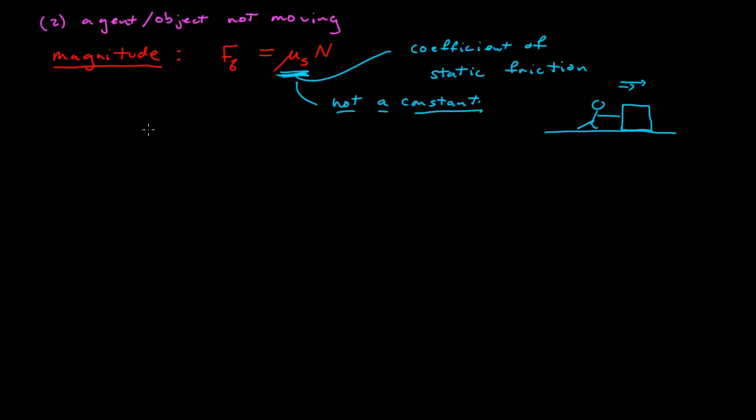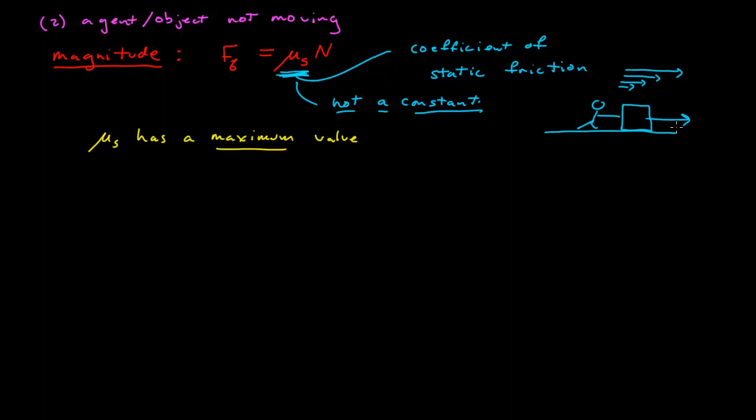What we can say about this coefficient is that mu sub s, this coefficient of static friction, has a maximum value that depends just on the physical characteristics of the system, like the kinetic friction has a constant value that depends on the physical characteristics of the system. The static friction has a maximum value. And what does that mean? Well, if our person pushes even harder and it doesn't move, that means the coefficient of static friction has changed, but then eventually you can push hard enough so that the object starts accelerating.